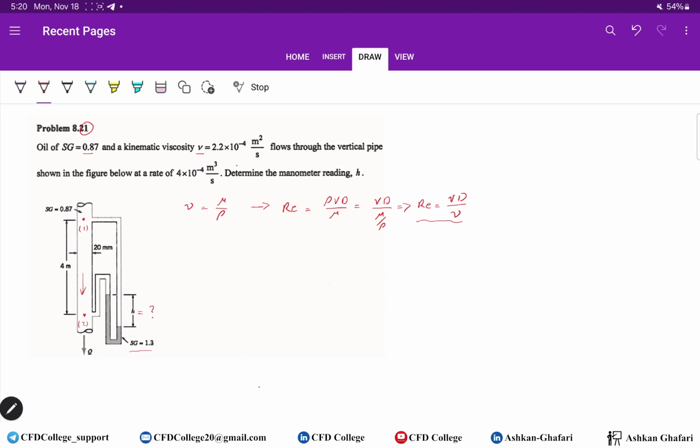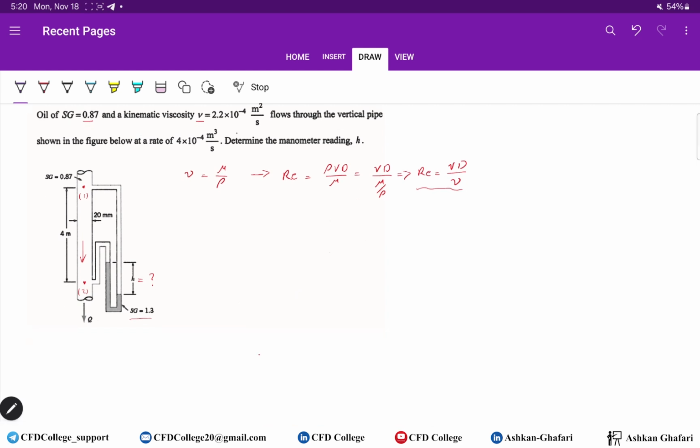We have a fluid flowing inside this pipe, so we should use the energy equation between point 1 and 2, and we always follow the flow.